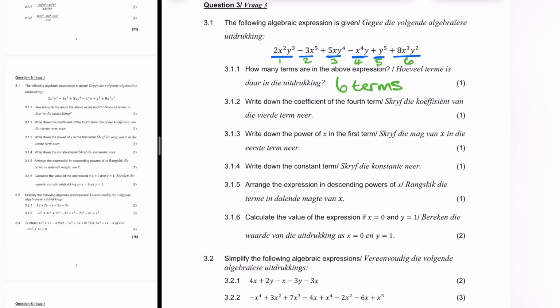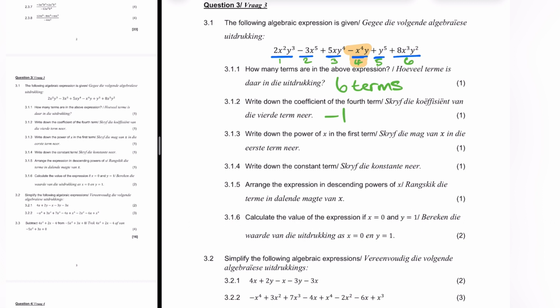Our fourth term has a coefficient of -1. So I'm going to write that the coefficient here is -1, because the number in front of the x to the power 4 is a 1, but it carries a negative sign, so it's -1.